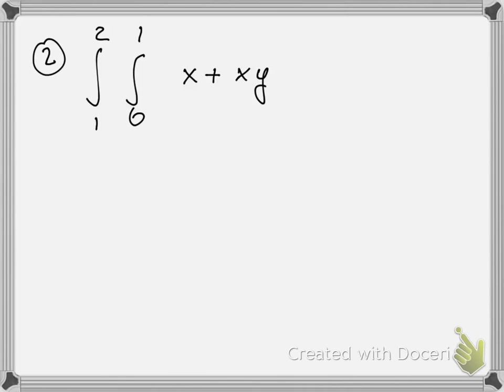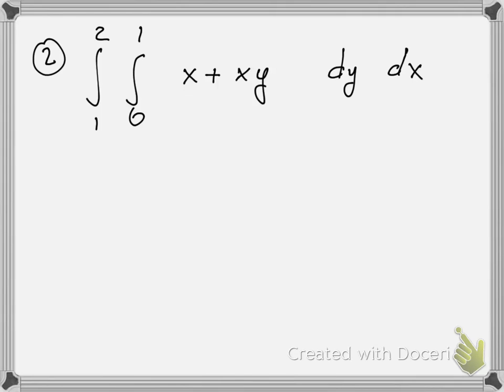Let's do another example. So let me just mention here the importance of the order of integration. So we can have, for example, let's say here 1, 2, and here 0, 1. Okay, and then let's say here we have just x plus xy. Okay, and then we have dy dx.